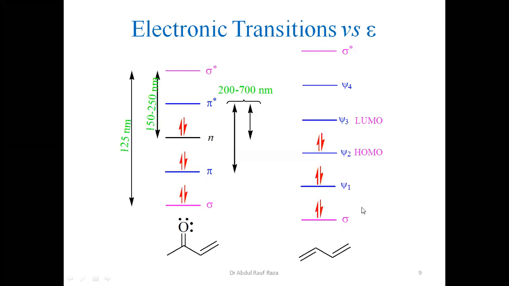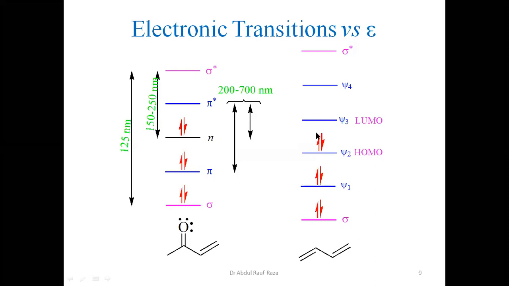Now, if you remember, we use two terminologies, HOMO and LUMO. The molecular orbital which is highest in energy and occupied is called HOMO, the highest occupied molecular orbital.